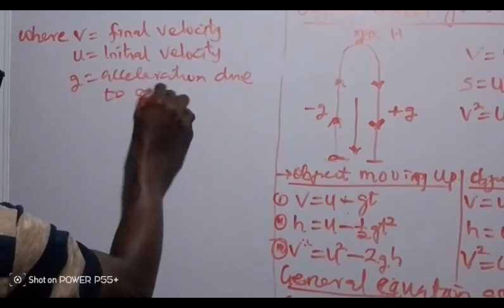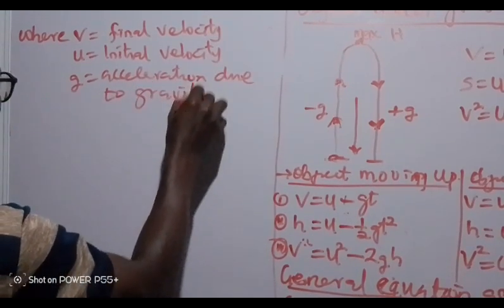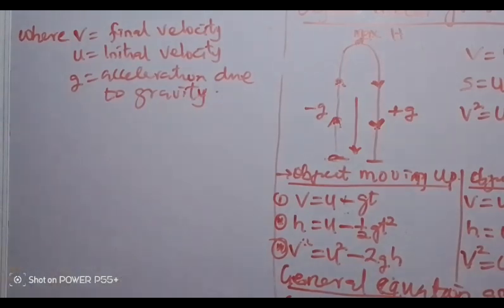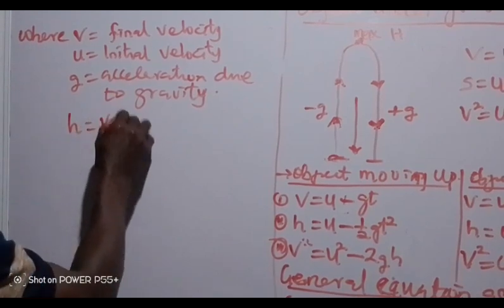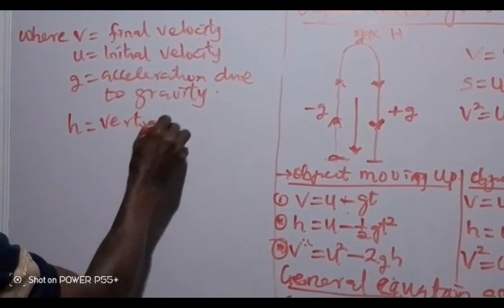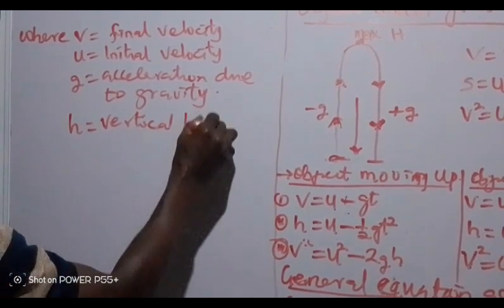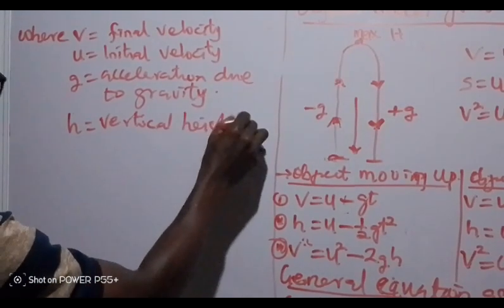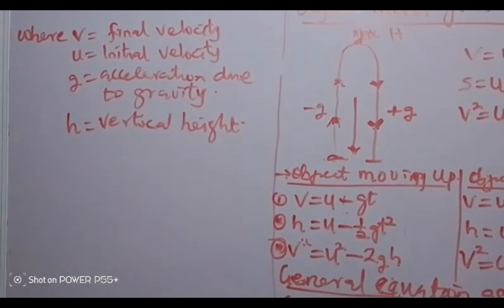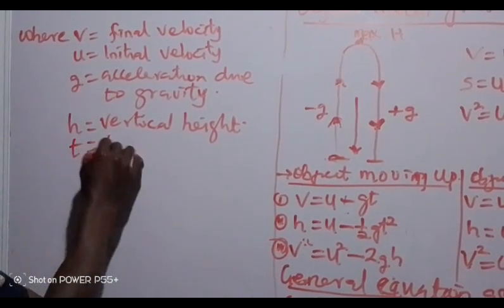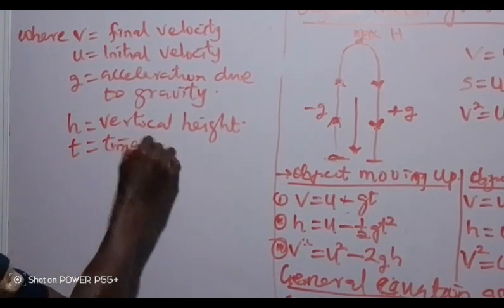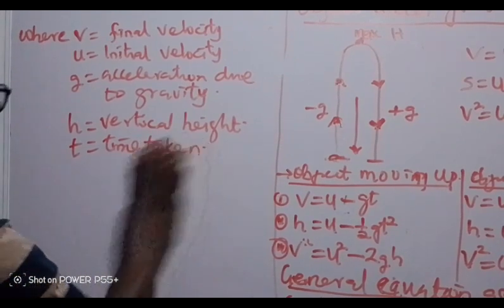Mind you, not gravity. It is called acceleration due to gravity. And h is vertical height. Those are the possible notations that are there. Then we still have t. t is equal to time taken.